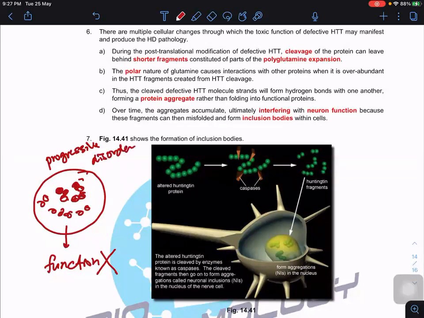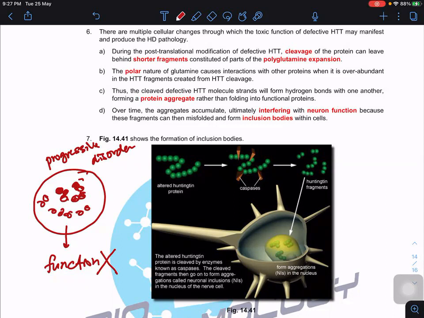What is a progressive disorder? It means that at a young age, a person with Huntington disease may not know he or she has Huntington, unless there is a family history. When they don't know, they grow up, get married, and pass on this allele to the descendants.